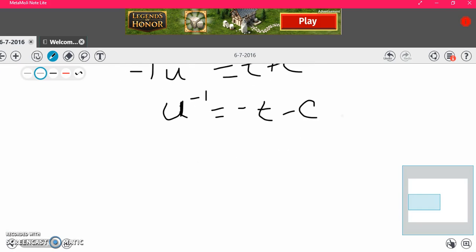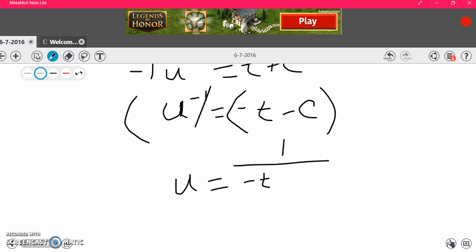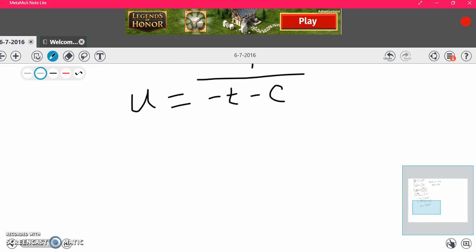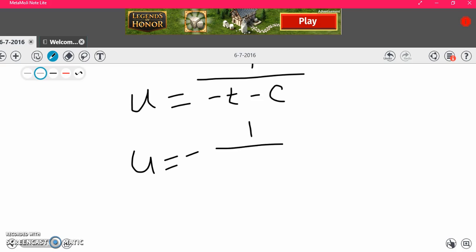Okay. Then we want to take the reciprocal of both sides. Gonna do a little switcheroo. We have 1 over negative t minus c. Of course, you can write that a little differently to make it a little easier. You got u equals negative 1 over t plus c.